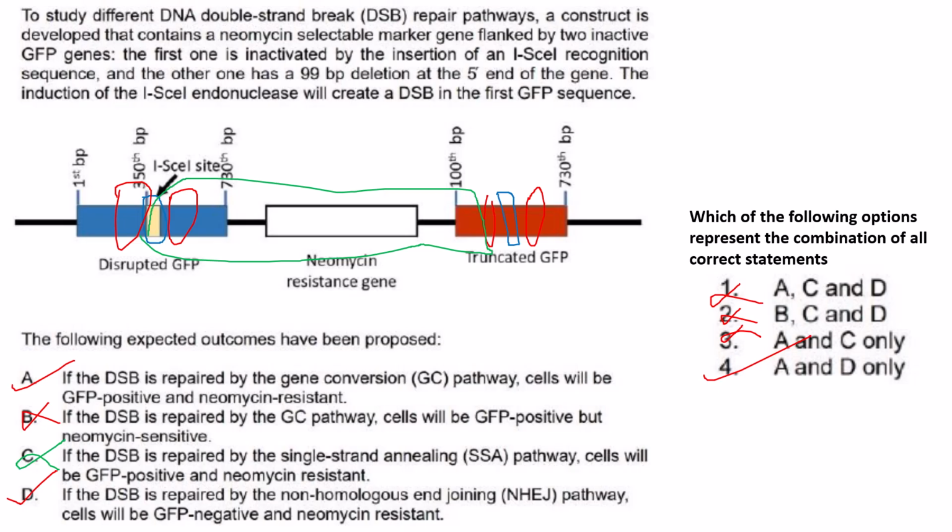And non-homologous end joining is not disrupting your neomycin resistance gene in any way. Only near the break, some sequences will be either added or deleted. So it is resulting in small mutations near the disrupted site, near the break. So it will be GFP negative but neomycin resistant. So D is the answer.